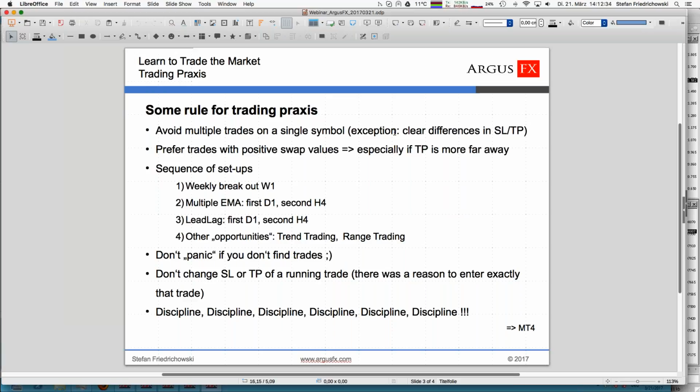Then, of course, on a shorter time frame with much tighter stop loss and take profits, you might even open a trade in the opposite direction. So that is still okay, but at least there's sometimes a question mark behind that, but in principle you can go for that. But more generally speaking, I avoid multiple trades on a single symbol.